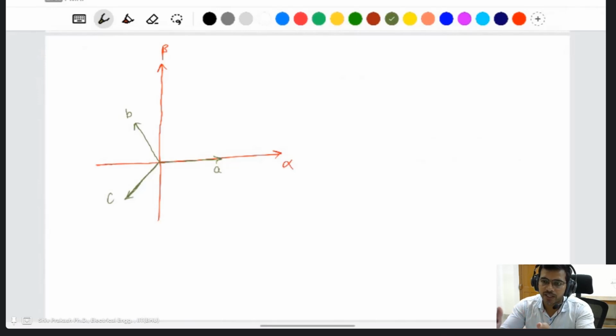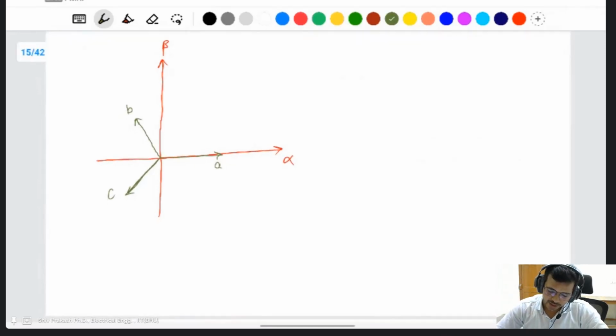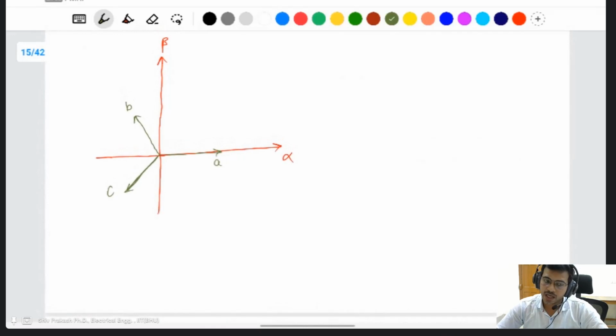It will be a constant vector anytime, anywhere. You can observe this: the resultant is the radius of a circle in the alpha beta axis.